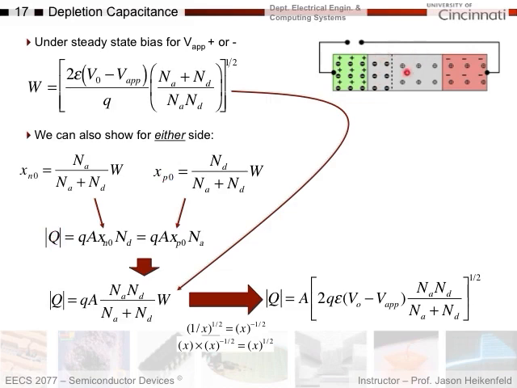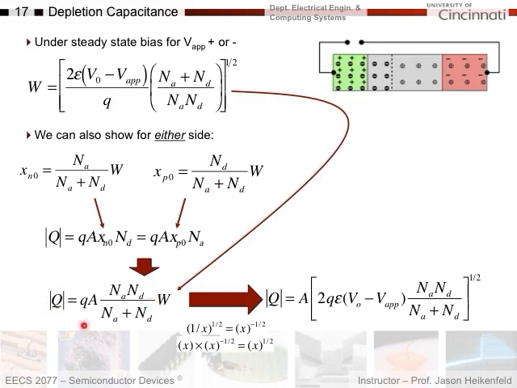The charge on this side, the N-type side, is equal to the charge on the P-type side, where this is charge in coulombs, area, depletion into the P-type side, and the doping density on the P-type side. If you do the units of this, you'll end up getting charge if you multiply all the units out. So if we combine these all together, we can end up with the following equations.